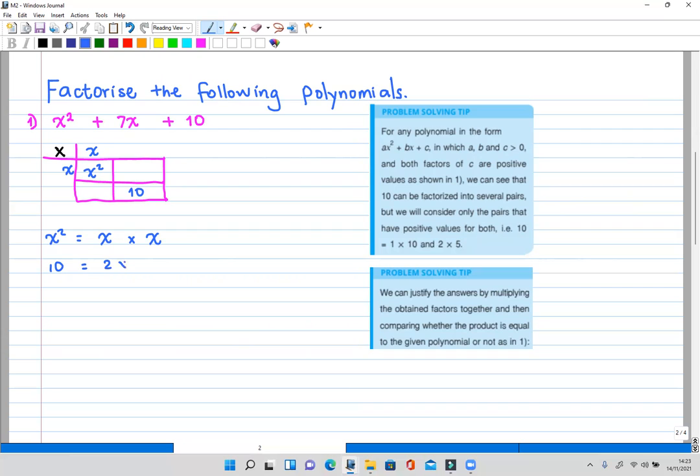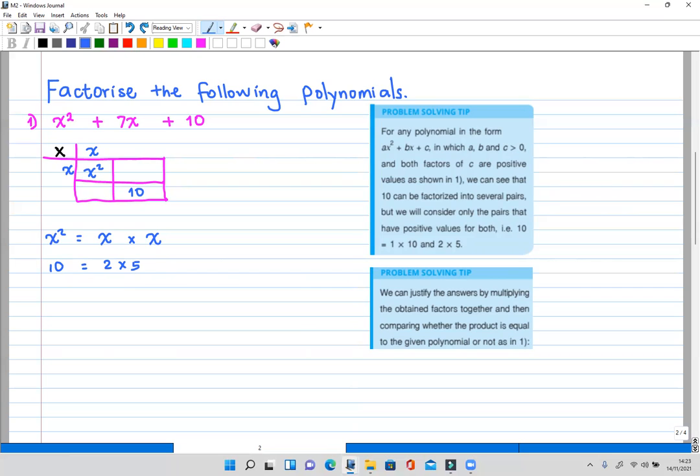So we are going to have it as 2 times 5. Why am I using 2 times 5? It is because 2 times 5 is 10 and 2 plus 5 is 7. Now, this means that other factors like 1 times 10, we are not going to use those.